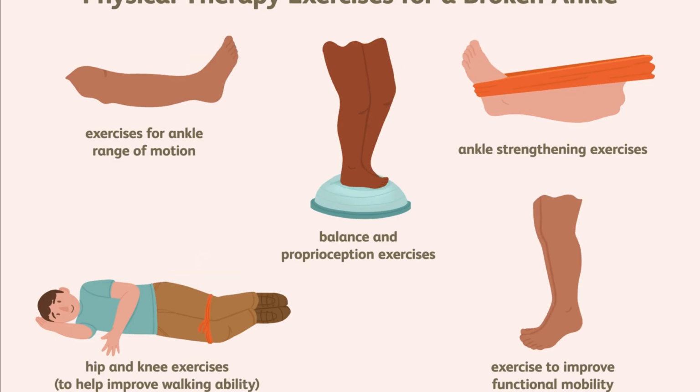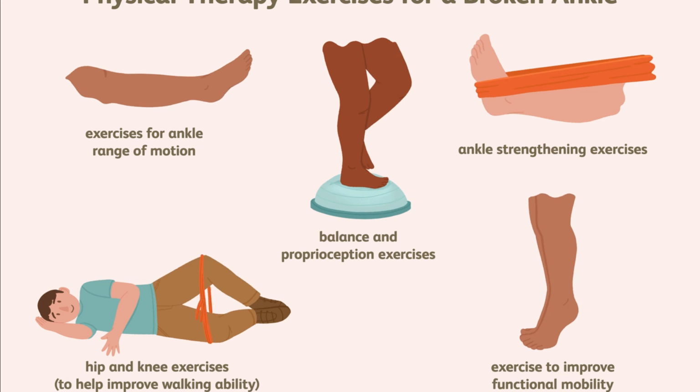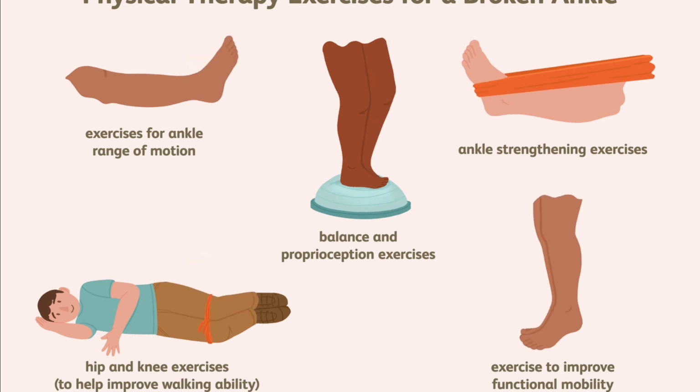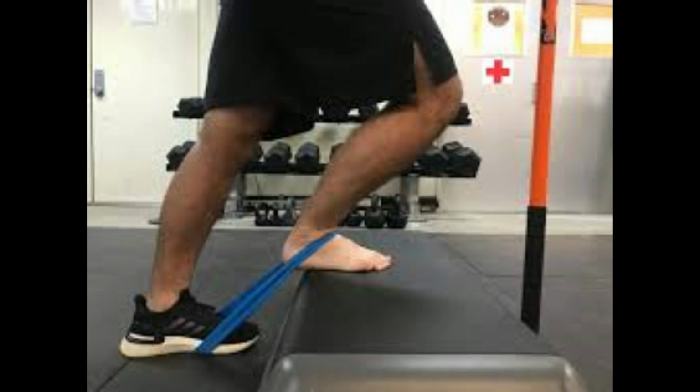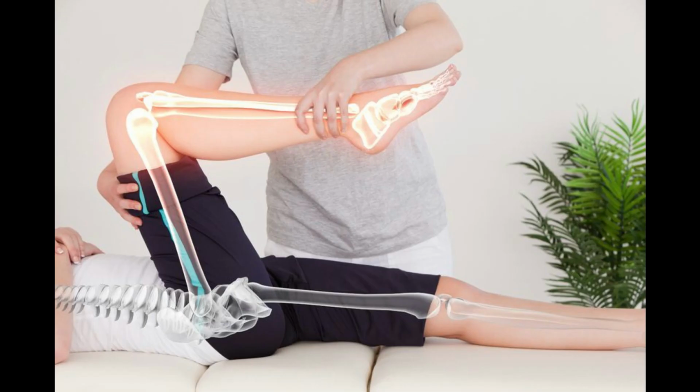Mobilization is a type of therapy to quickly recover and regain your strength. You have to slowly move the injured part through its full range of movement. If it is painful, you have to stop, and if you can move, slowly increase the range of movement gradually.